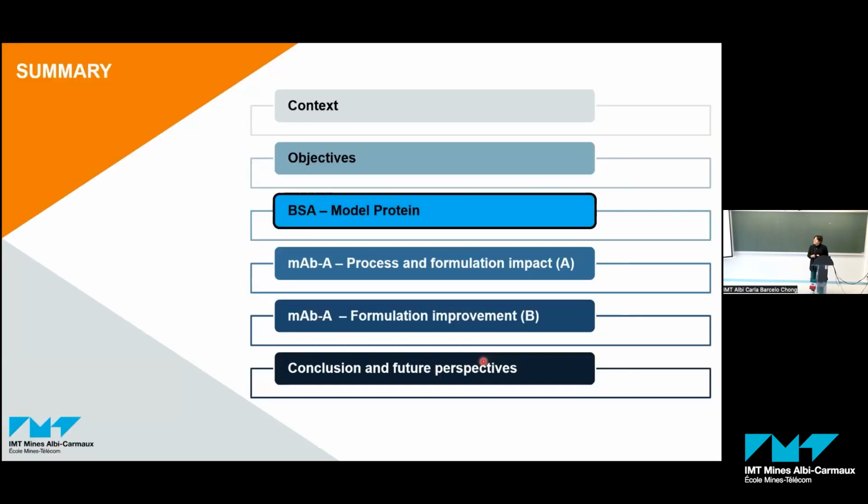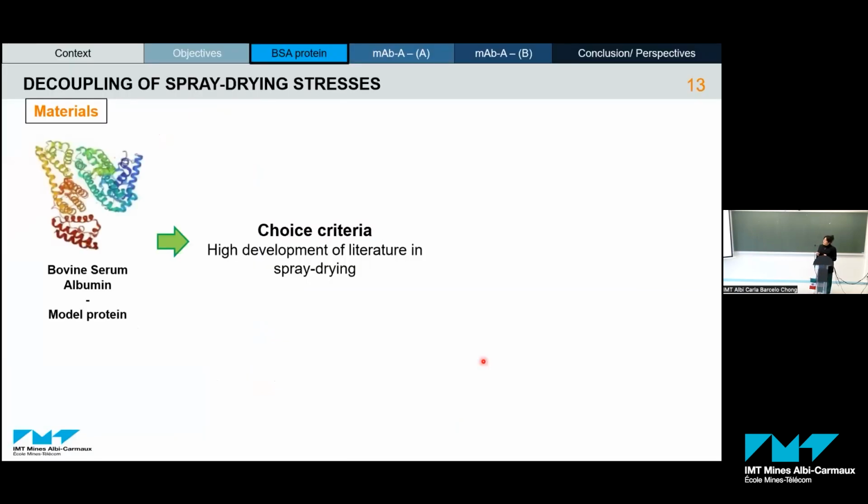Now we will move to the study of the model protein. What we chose as model protein is BSA, or bovine serum albumin. The criterion for the choice of this protein is that it is widely reported in the literature for spray drying processes.